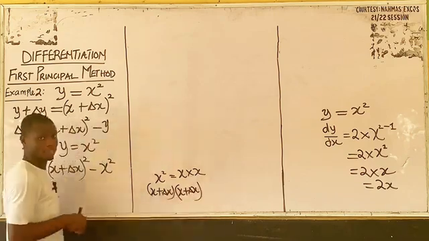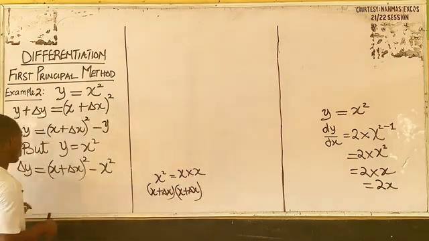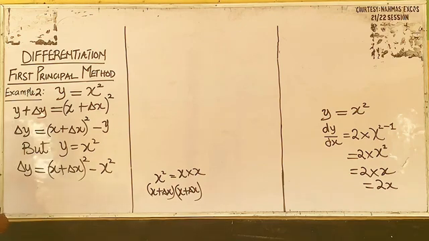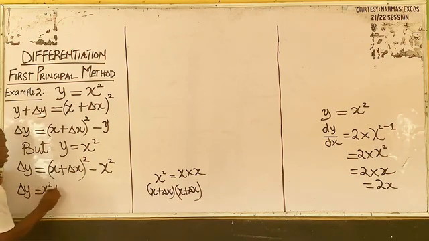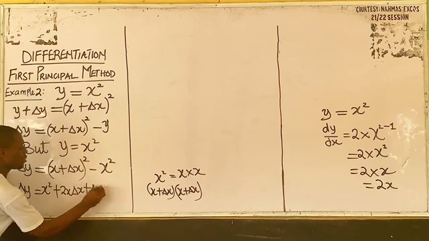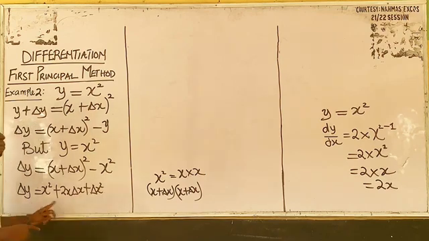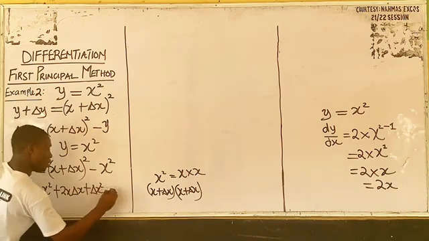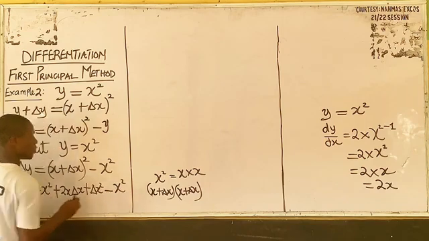If I'm to expand this one using binomial theorem or perhaps Pascal's triangle, I should have that change in y is equal to x squared plus 2x change in x plus change in x squared, minus x squared.